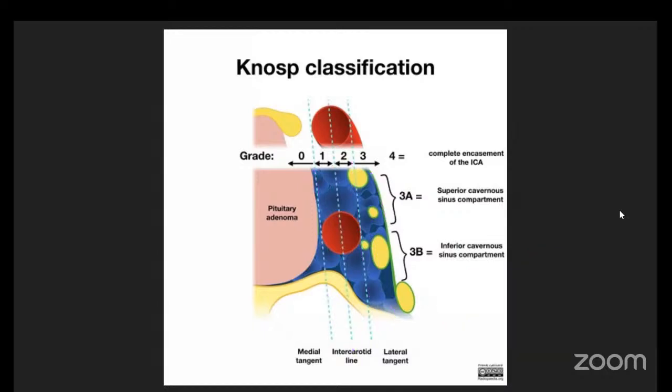Yes. What ends up happening is, when we talk about Knosp grading, we are assuming any lesion which is medial to this line. What line is this? The green line?